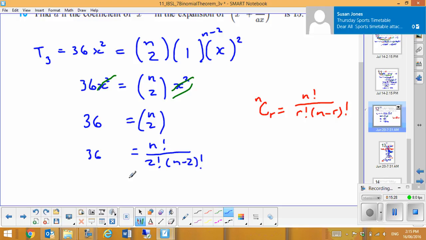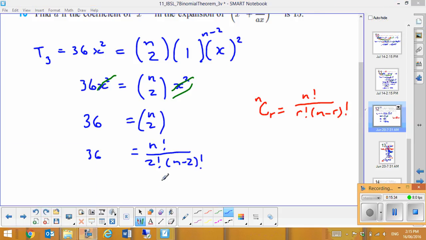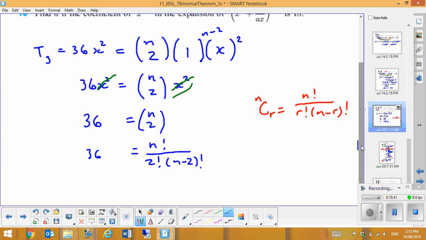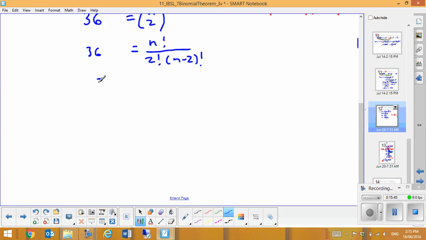All right. Okay, so now we have to work out, well, how do we do this? So expand your factorial notation. So 36 equals n, n minus 1, n minus 2. Oh, look, we're starting to see something that's going to match. Dot, dot, dot.